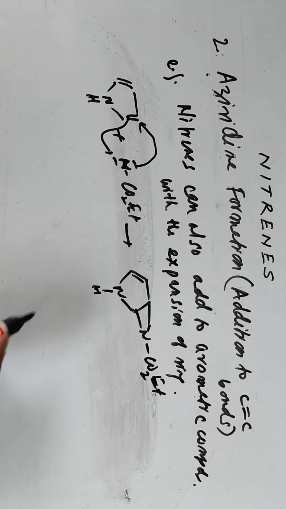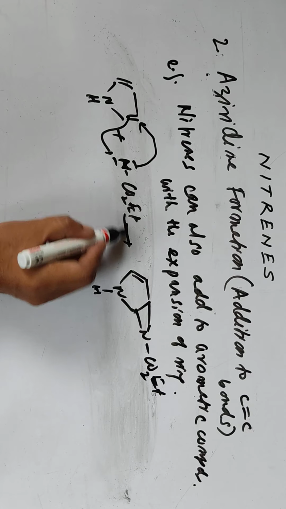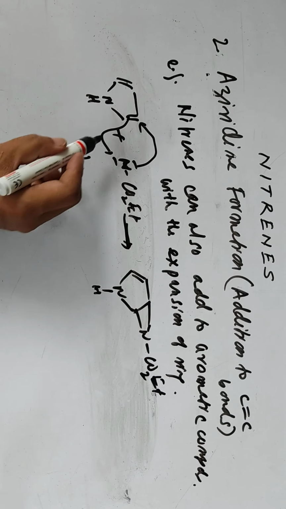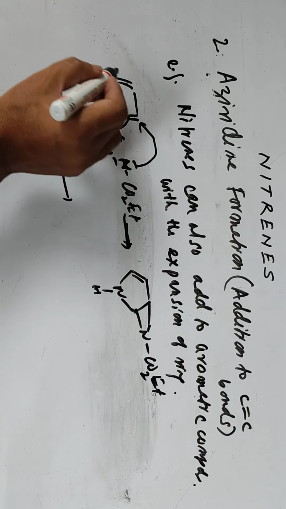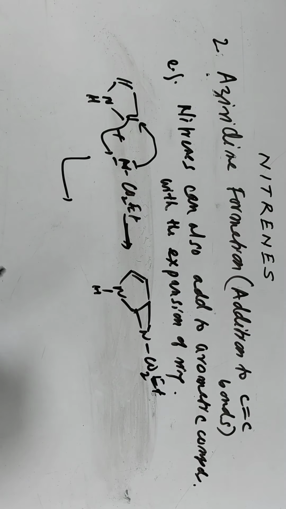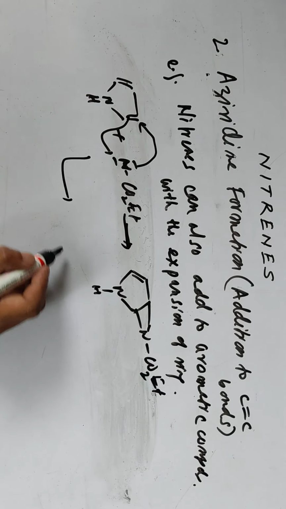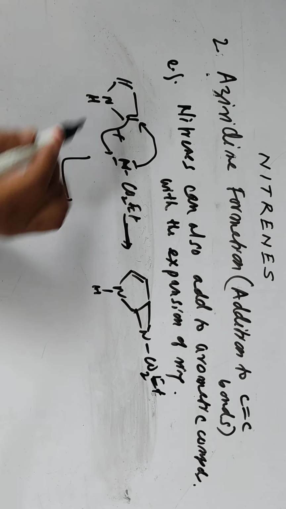Now we can have two methods here. One is 1,2 addition and the other is 1,4 addition. You can number 1, 2, 3, 4. Another addition can take place by 1,4 addition, so here another attack, like this.